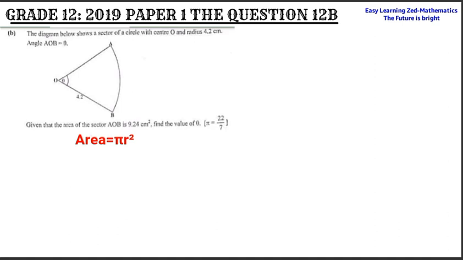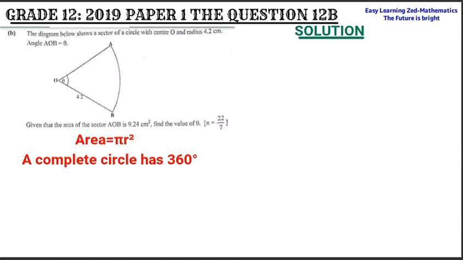We should also know that a complete circle has 360 degrees. These are the two facts we need to bear in mind, and this is the information we're going to use. So let's come to the solution.